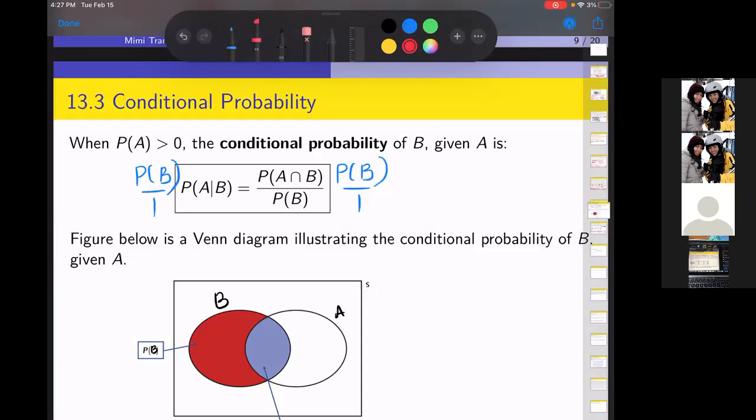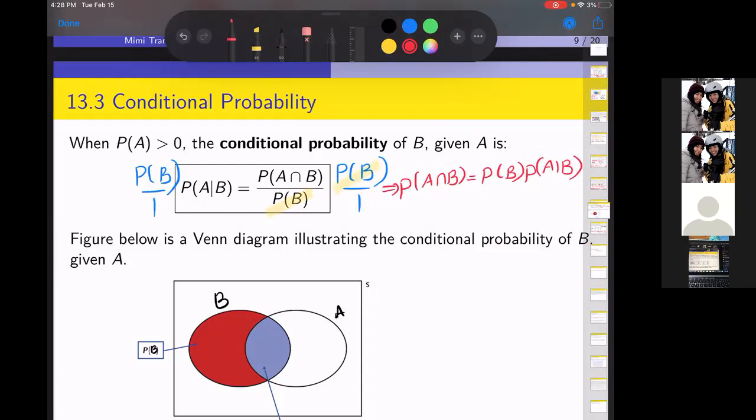The right hand side cancels, yes? So this implies P of A and B is equal to P of B times P of A given B. Just move things around.